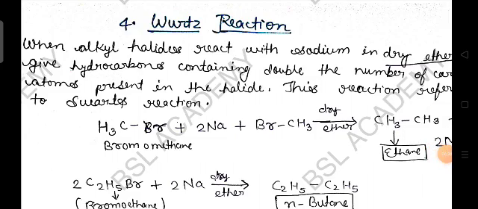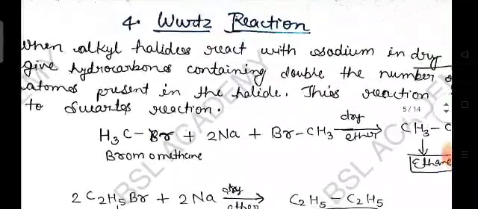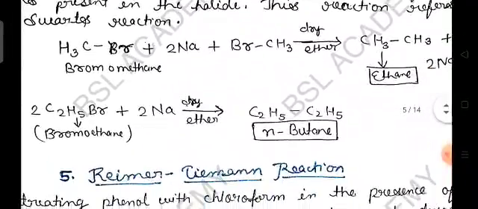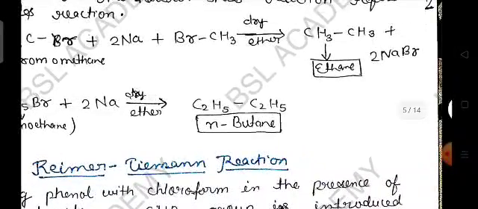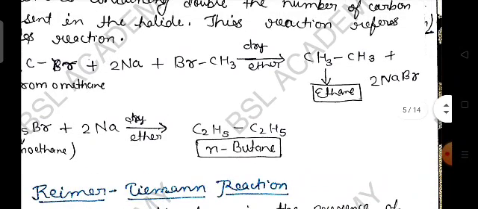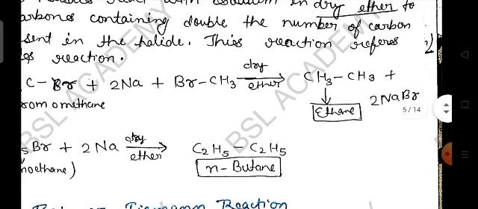By mistake I have written Swarts reaction; this is the Wurtz reaction, so please correct it. And here you can see its reaction, CH3Br plus 2Na plus BrCH3 in the presence of dry ether yields CH3CH3.